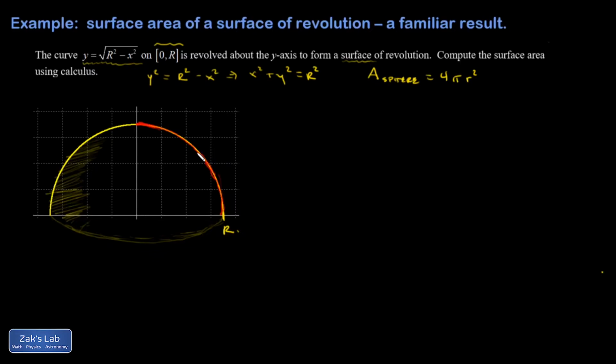So I'm going to mark off a little area of arc. I like to call that ds, and that's given by the arc length formula. And then we're going to let that follow the revolution around the y-axis.